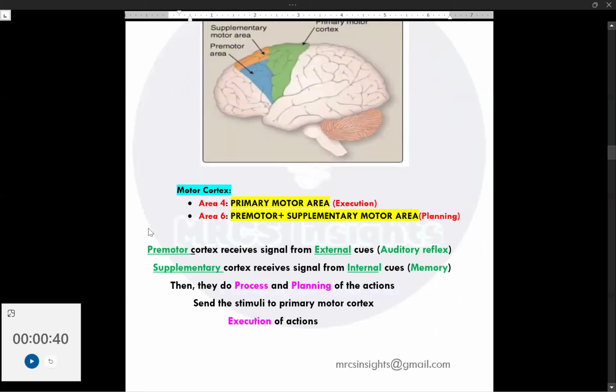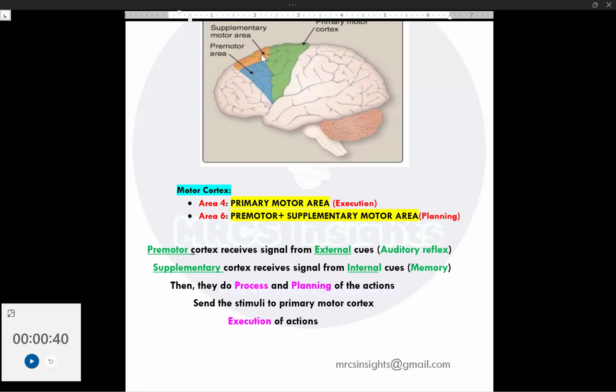Okay. So the premotor cortex, the blue area, receives signals from the external cues, which means some external stimulus like auditory or visual stimuli. So the stimulus from the environment that goes to the premotor area is called external cues.